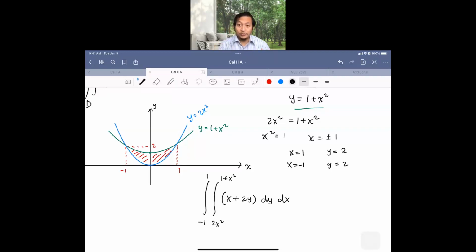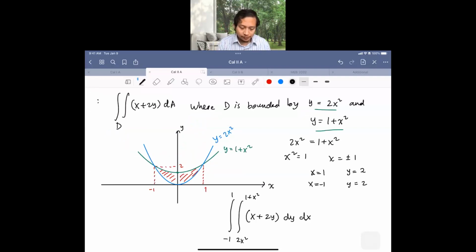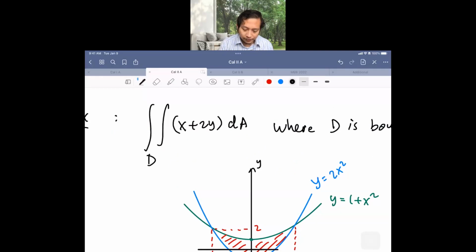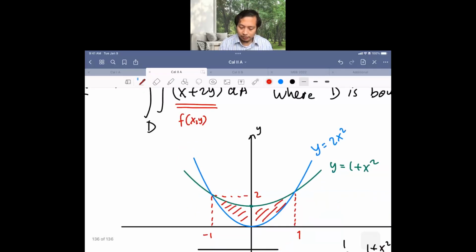Okay, now to avoid some mistakes, because this is, I think, a mistake that may happen when you mix up calculus 1 and calculus 2. So first, this is the function that we are going to evaluate. This is a function of x, y, not these two.